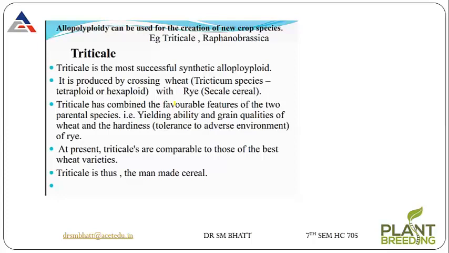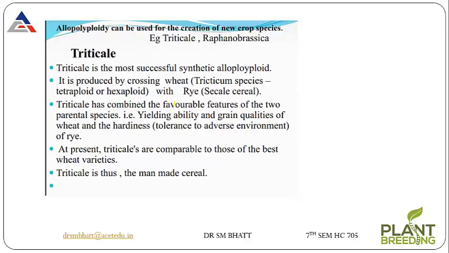Even if a lot of pathogens are there, they are not going to eat it easily, because the upper surface, the seed surface, is very hard. And it is also eatable, not very tough. With the flour you can make bread and chapati. That's why triticale is mostly asked in exams. Wherever you give the exam, mostly they ask about triticale, the best example of allopolyploidy.